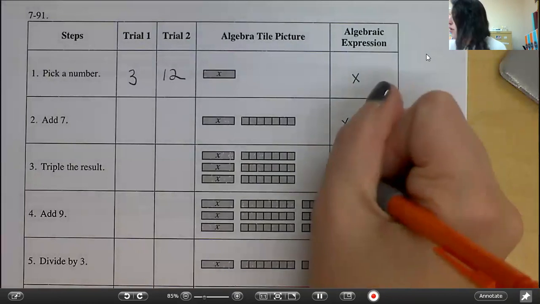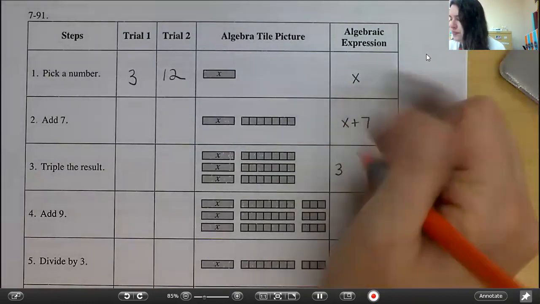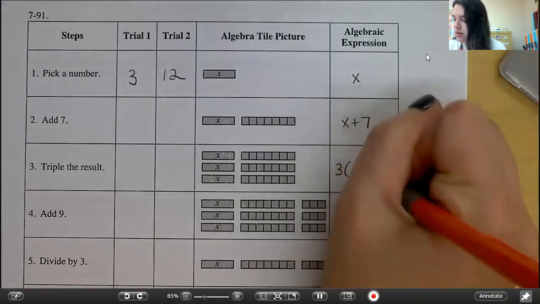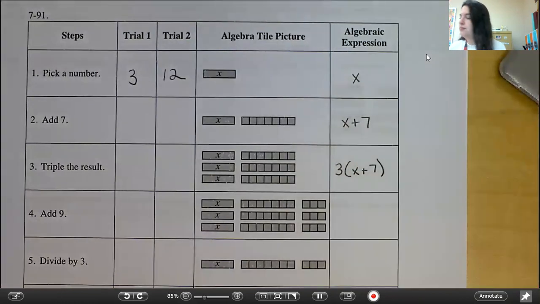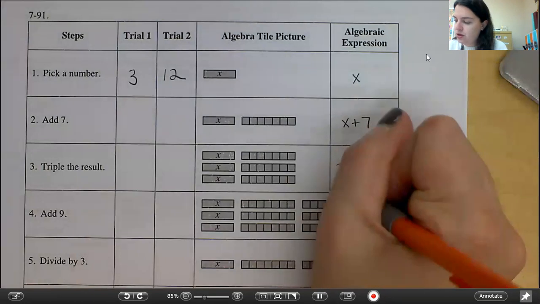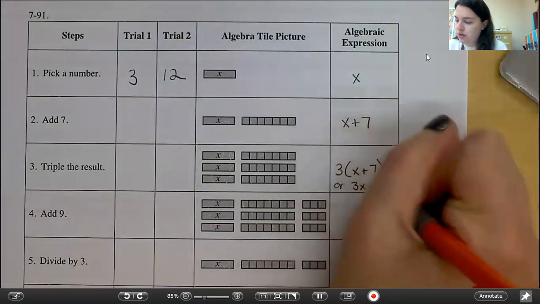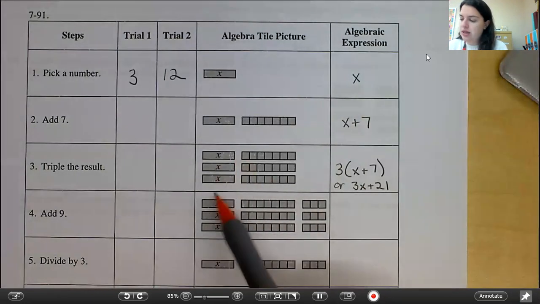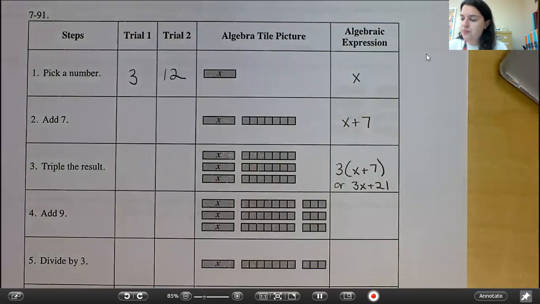So we have 3 groups of x plus 7. Or you could have written it as 3x plus 21 because we have 3 x tiles and 21 unit tiles.